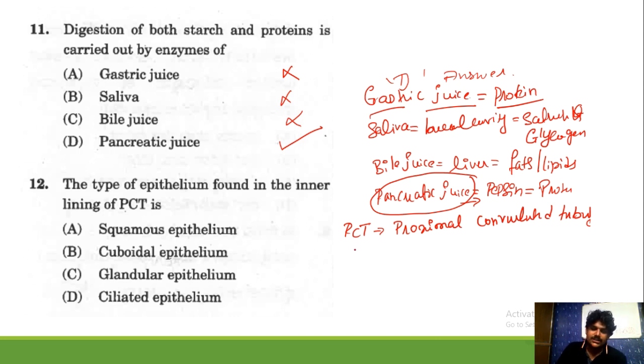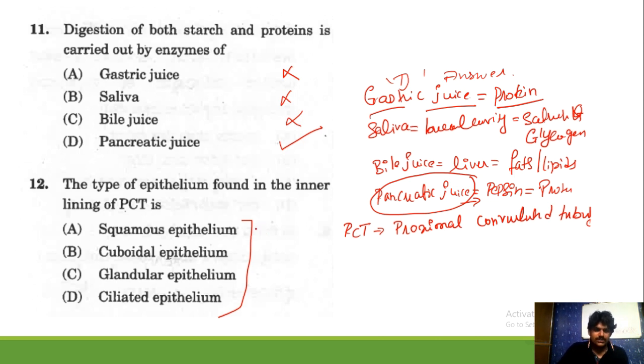This is a part of the nephron. What is the type of epithelial cells or tissues which line its inner surface? Here also we can use the elimination technique, based on the functions. It is a direct question.